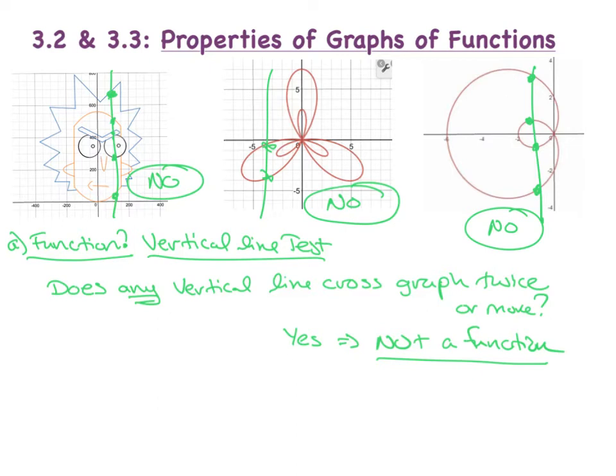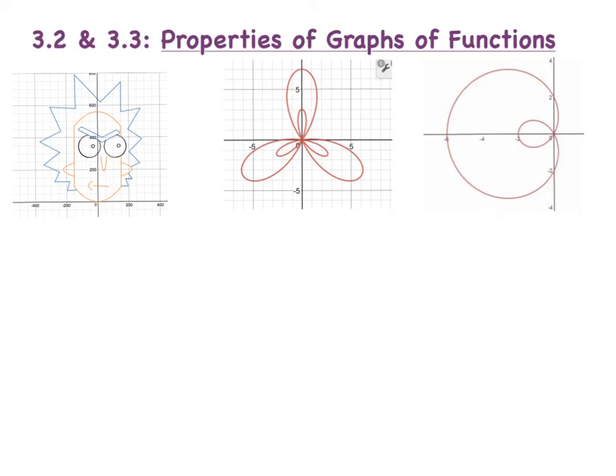So let's extend this, and let me clean this up a little bit, to talking about the domain and range of these graphs. There we go. Okay, so as a reminder, the answer to each part A is these are not functions.